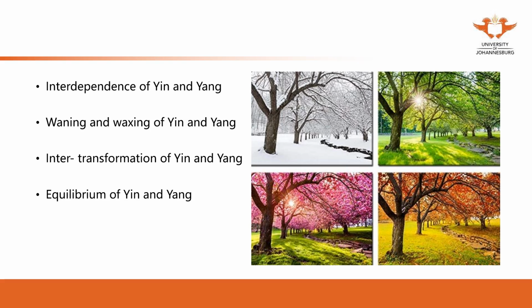The temperature becomes warmer and warmer, that's yang. So from spring to summer, yang is developing. In the meantime, we get more rain. Rain is water, that's yin. So yin is developing. From this perspective, we understand that yang and yin can develop along with each other.